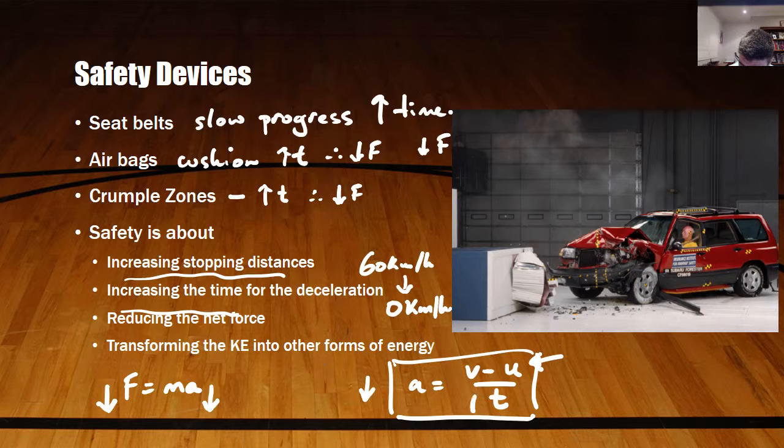Therefore, we have to have an increase in t. And that is how this whole area of safety devices works. The whole point is that we're trying to increase the time in order to decrease the acceleration and therefore decrease the force that acts on us, hopefully minimizing personal damage, personal injury.